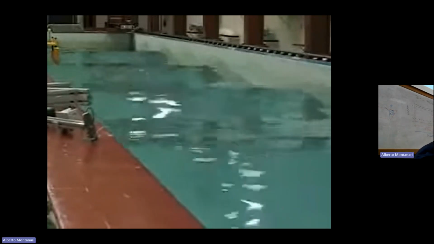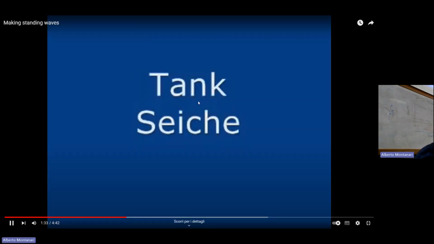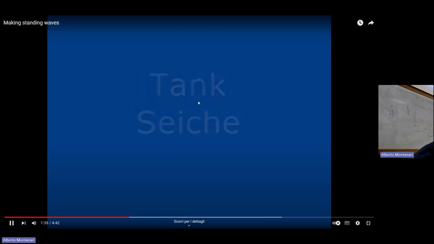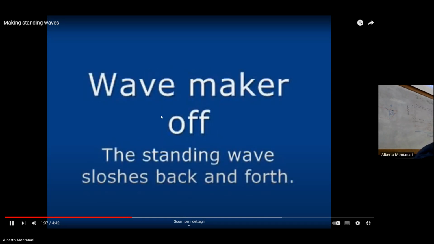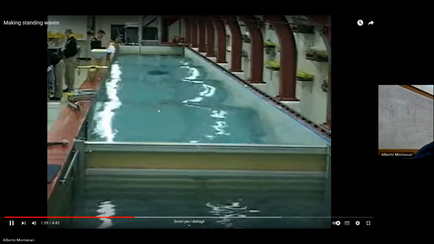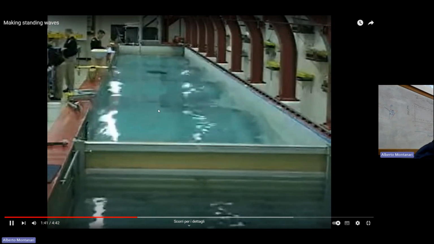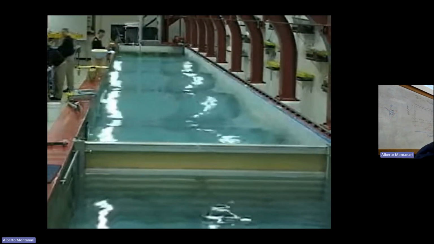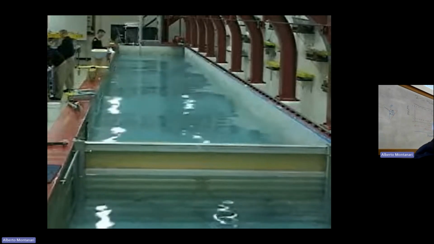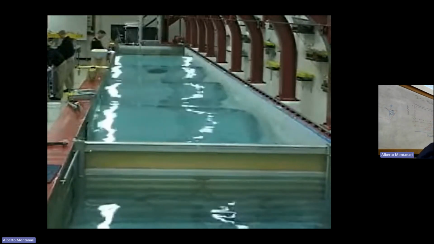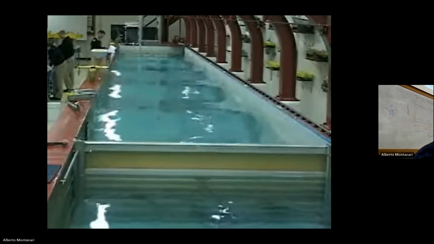And as you see, there is no movement of water. It's an up and down. Now the wave generator is off, but you see that the wave keeps going because in the lab, the friction is very small.